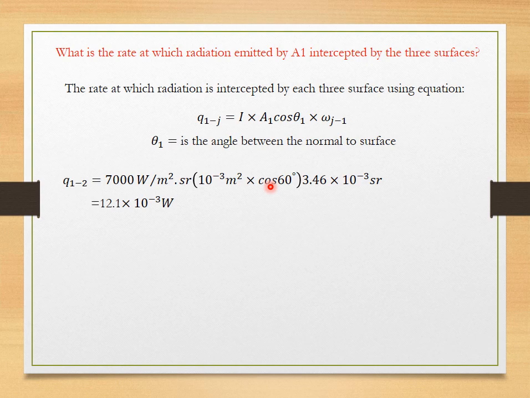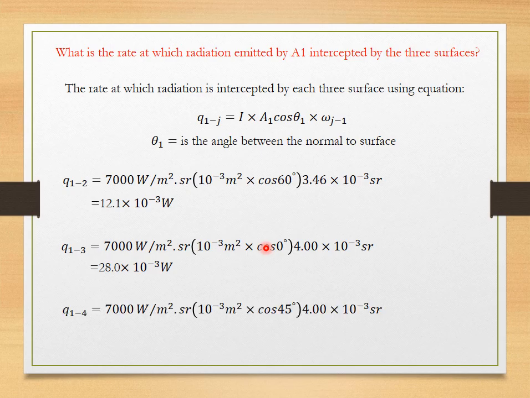The same goes for Q13, with the same irradiance and same area, but the difference is cos 0 degree, which refers to the opposite from A1 to A3, so the angle is 0, and the solid angle is 4 times 10 power negative 3 steradian, and you should get 28 times 10 power negative 3 watt.